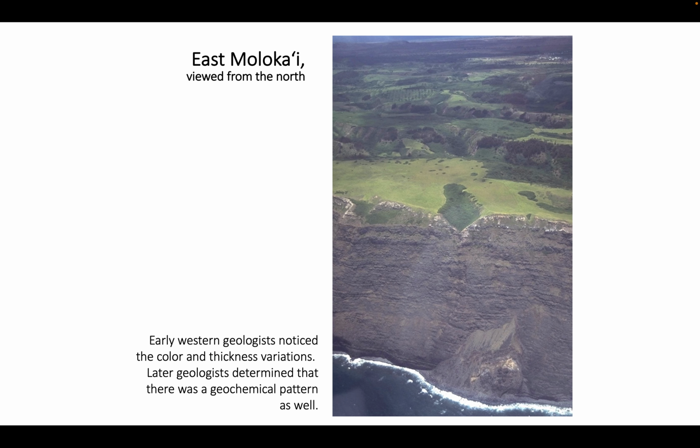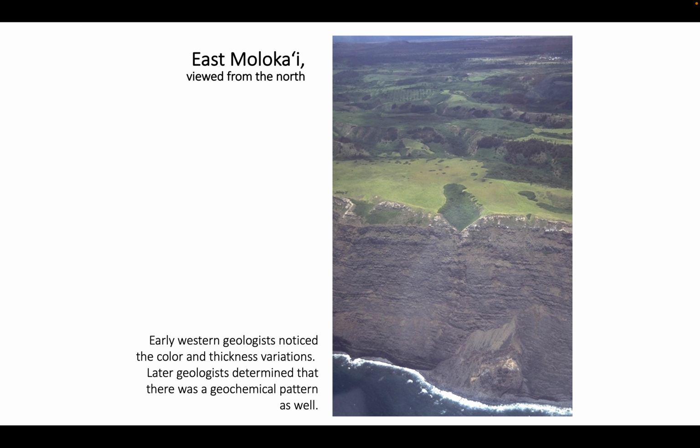Here in this picture, we see the volcano named East Molokai. Early Western geologists noticed the color and thickness varied in the layers of the volcano. Later, geologists determined that there was a geochemical pattern as well. At East Molokai, we see at the base there are thinner layerings that weathered to red-brown.